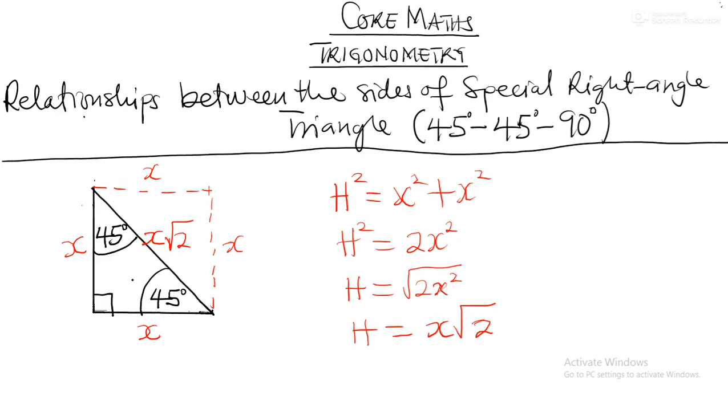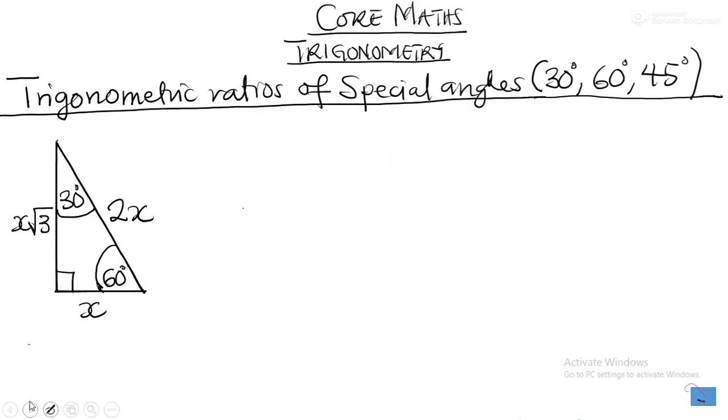So the special angles here refer to the 30, 60, and 45 degree angles in a special right angle triangle. Good. So let's look at it.